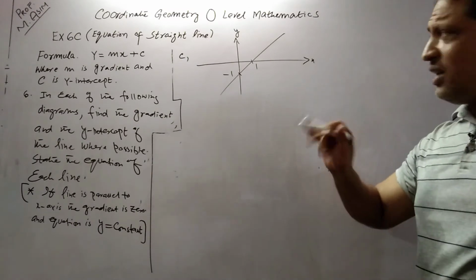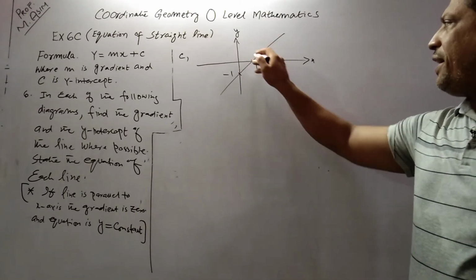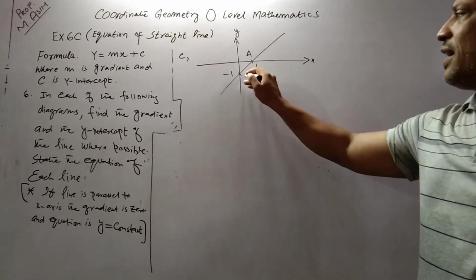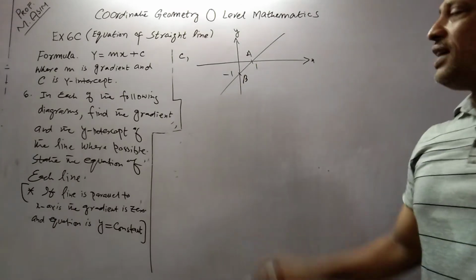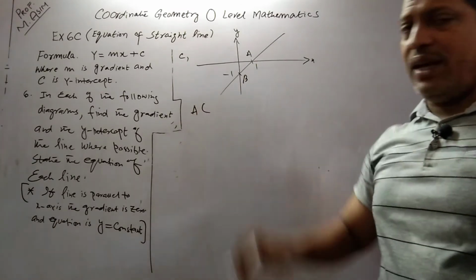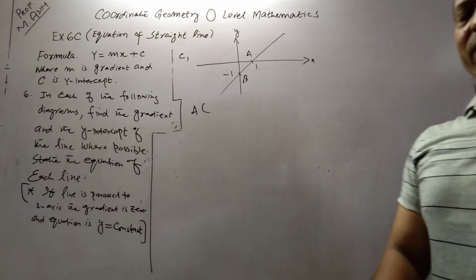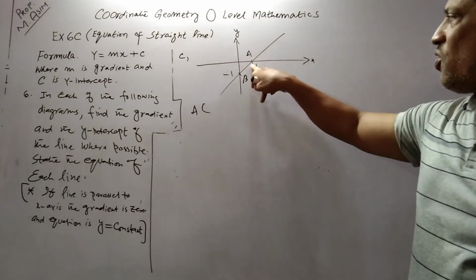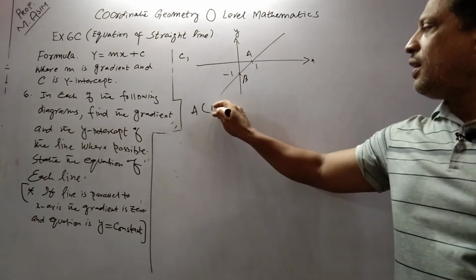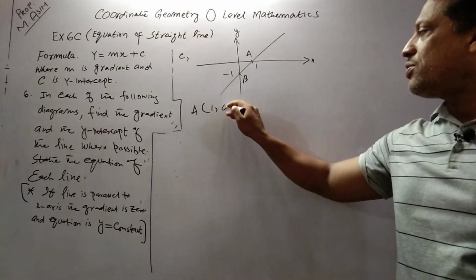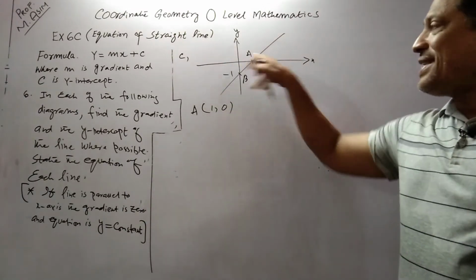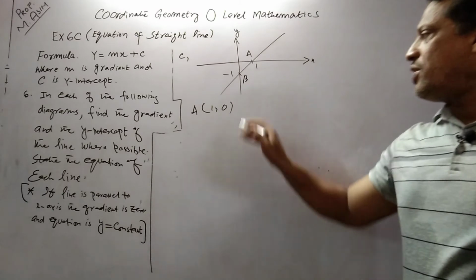If I assign this point as A and this point as B, then what is the coordinate of A? Coordinate of A is always written (x, y). What is the value of x in this point? 1. And what is the value of y? 0. Because on x-axis the value of y is always 0.